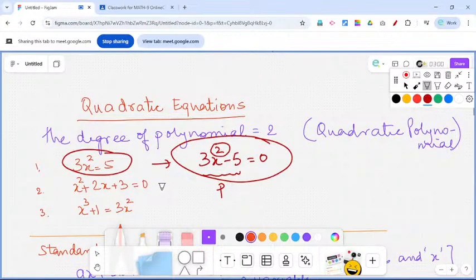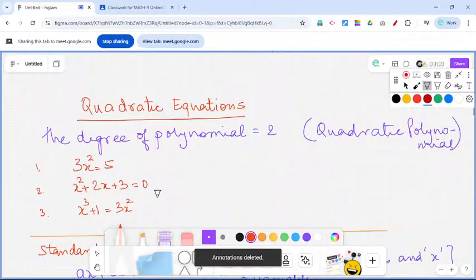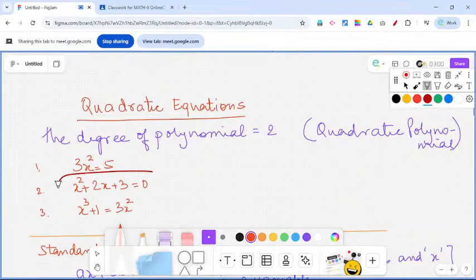So 3x square minus 5 is a quadratic polynomial. Similarly, in this equation also, x square plus 2x plus 3 is a quadratic polynomial.